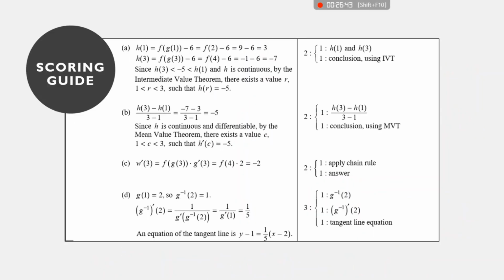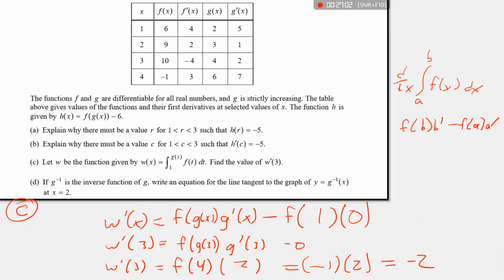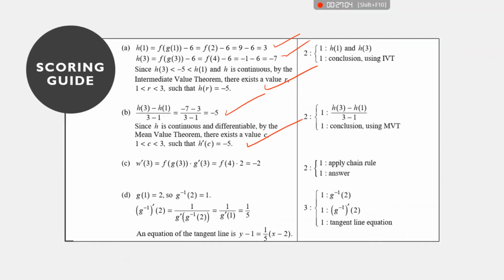Okay, let's see how we did. So h of 1 and h of 3 are 3 and negative 7. We got that. Uses intermediate value theorem. Okay, we cited that. Average slope, using mean value theorem, we did that too. We did get negative 2 and we did use chain rule. So that's good.